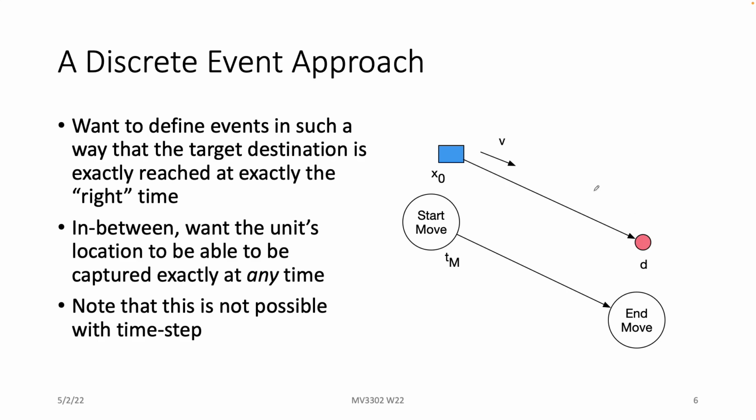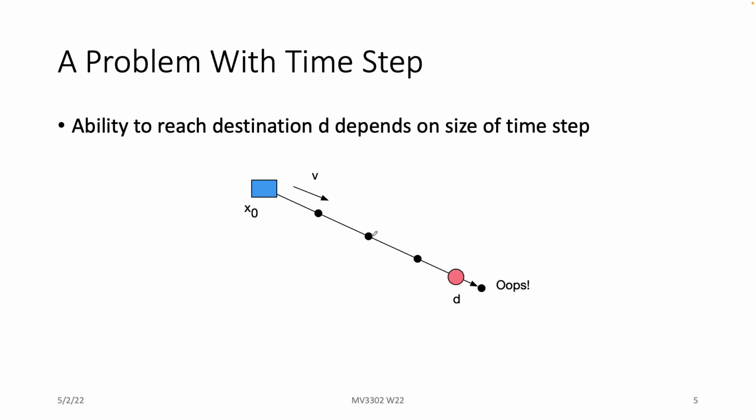Okay, so in an event-driven world, instead of clicking the clock each time, which in my experience really comes from insecurities on the part of the modeler because, oh, something is going to happen.